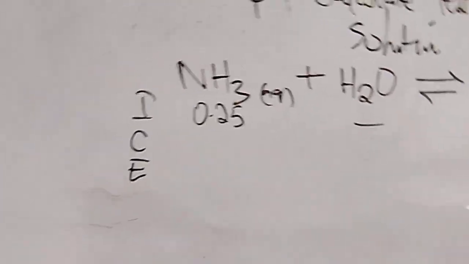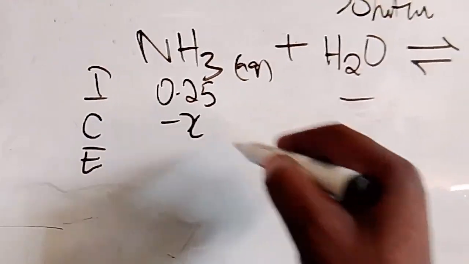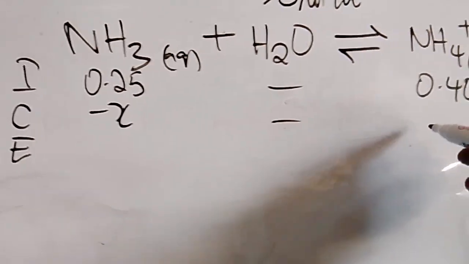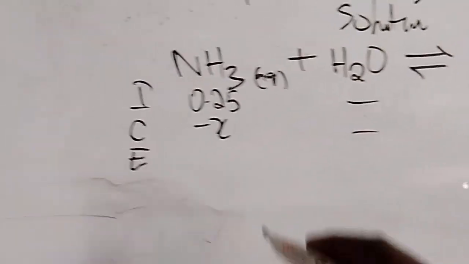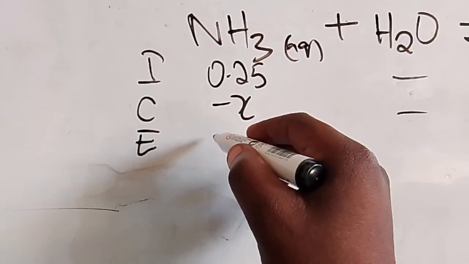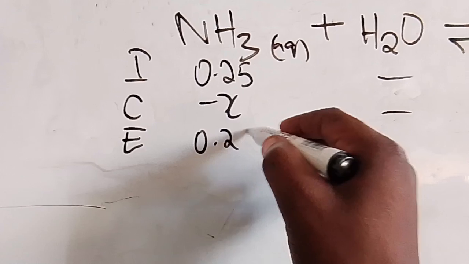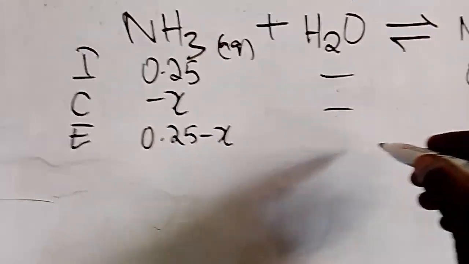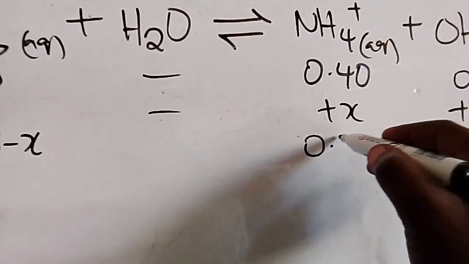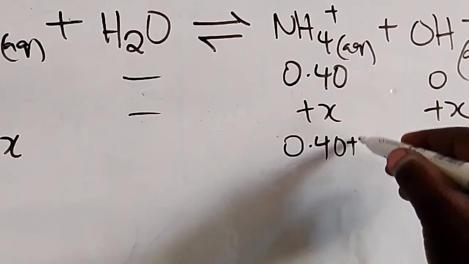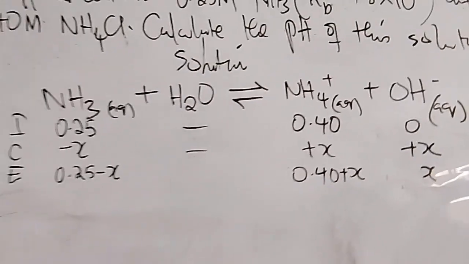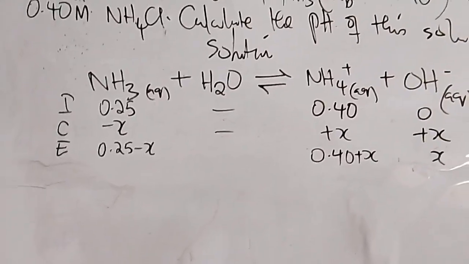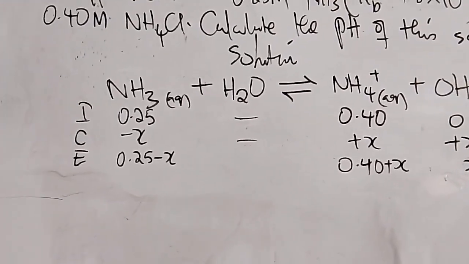Then the change is minus X, plus X, plus X. At equilibrium: 0.25 minus X, 0.40 plus X, then X. Okay, so these are the equilibrium concentrations.